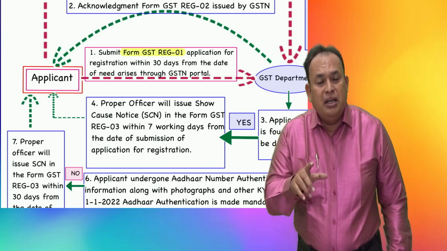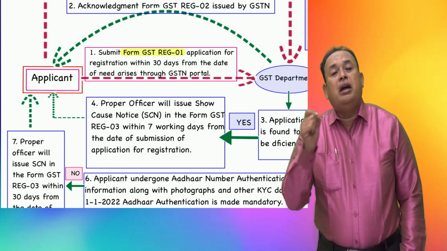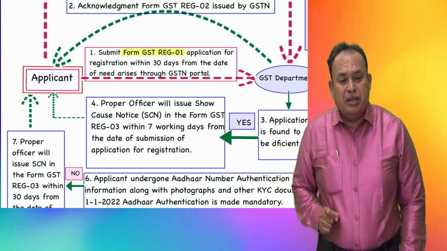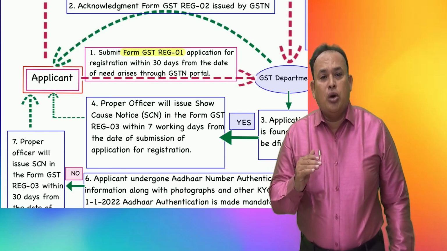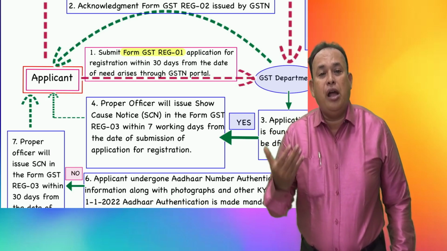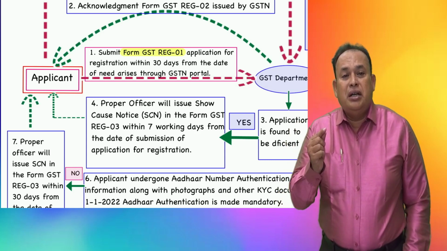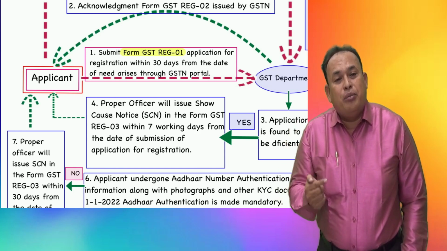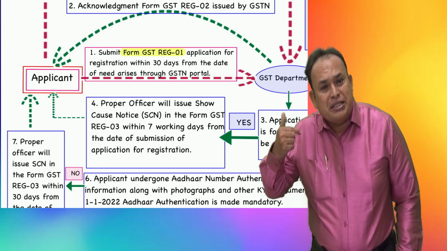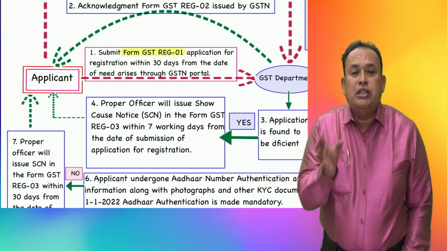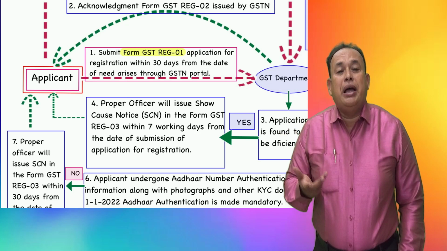PAN number, for which in the income tax department you might have given your registered mobile number as well as your registered email ID. So when you upload the PAN number in Part A of GST REG-01, the mobile number as well as the email ID you gave to the income tax department are used here to authenticate your registered mobile number through a particular OTP.